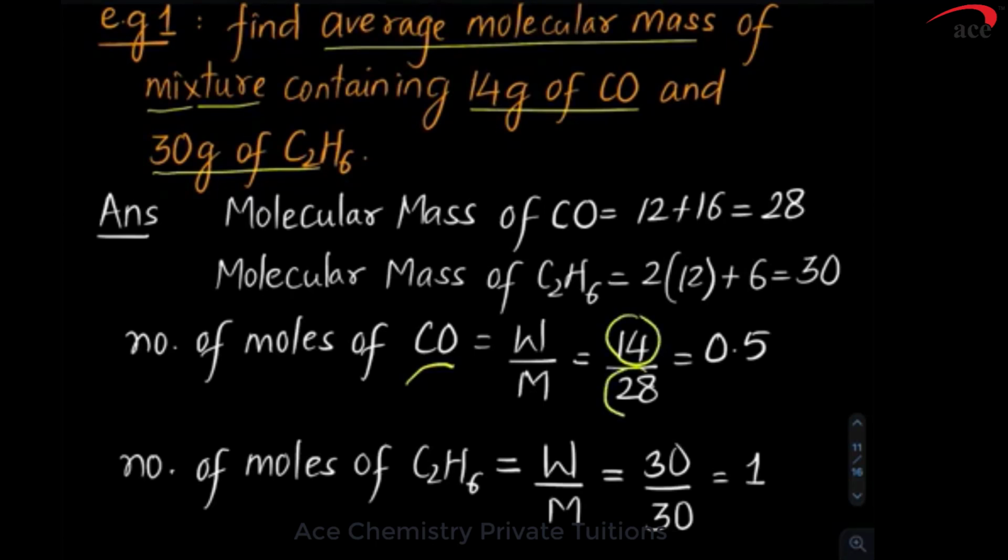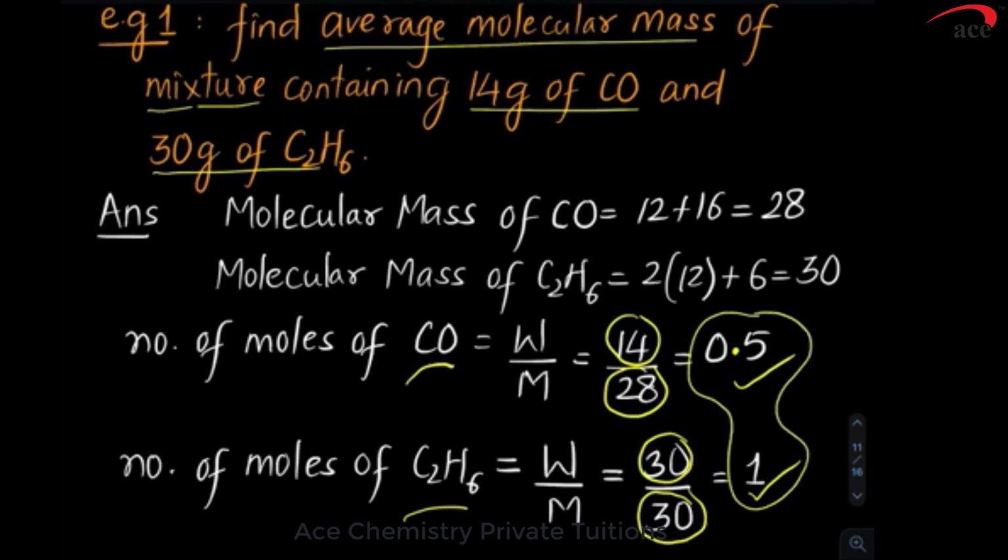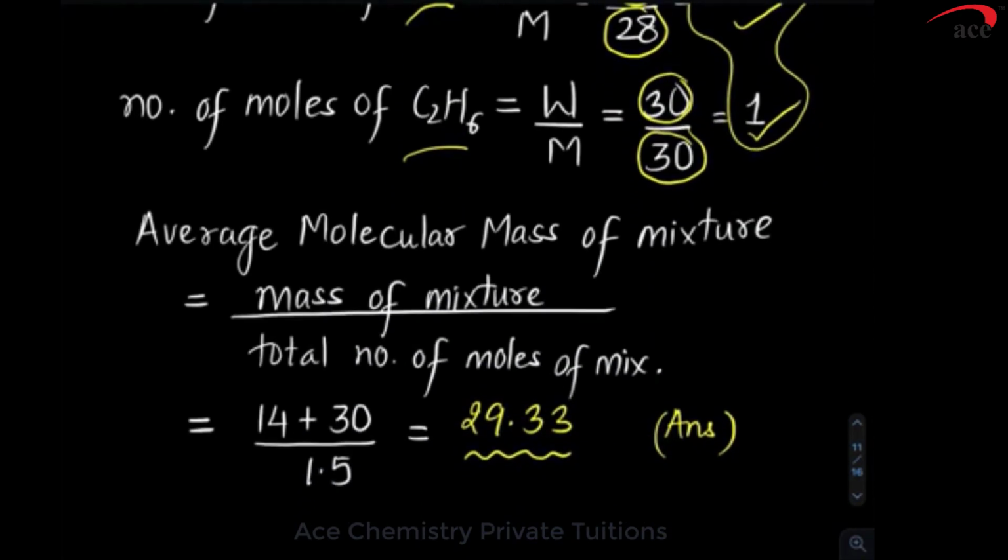That is mass 14 upon molecular mass 28, that is 0.5. Correct. Similarly, moles of ethane can be calculated by the mass of ethane divided by the molecular mass of ethane. That is 1. So we know total moles is 1.5.